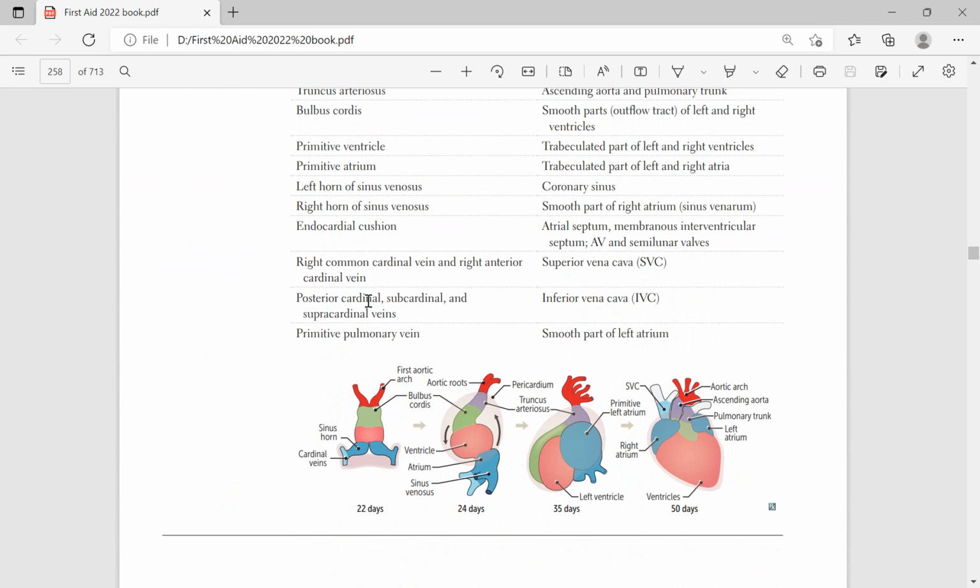Right common cardinal vein and right anterior cardinal vein, superior vena cava. Posterior cardinal, subcardinal and supracardinal veins, inferior vena cava. Primitive pulmonary vein, smooth part of the left atrium. Okay.